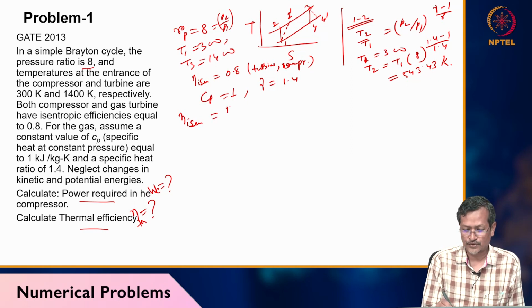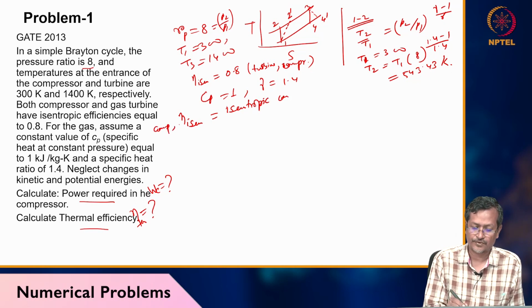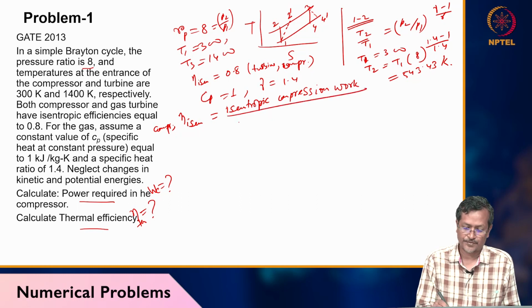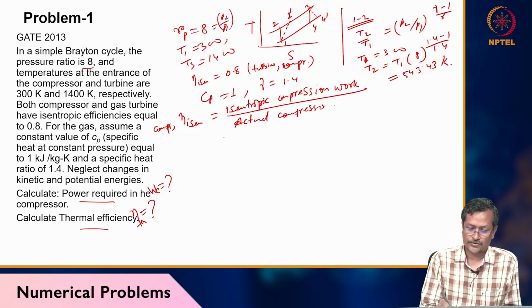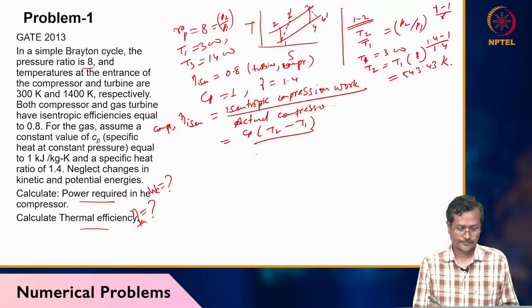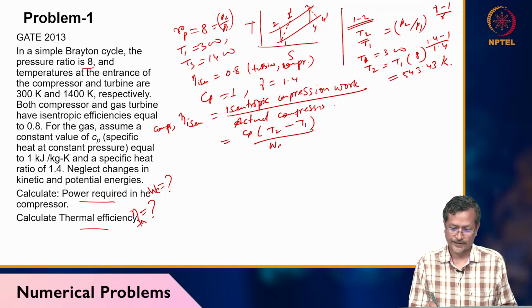Now the isentropic efficiency, eta isen, for the compressor equals isentropic compression work divided by actual compression work. So Cp into T2 minus T1 divided by W actual.